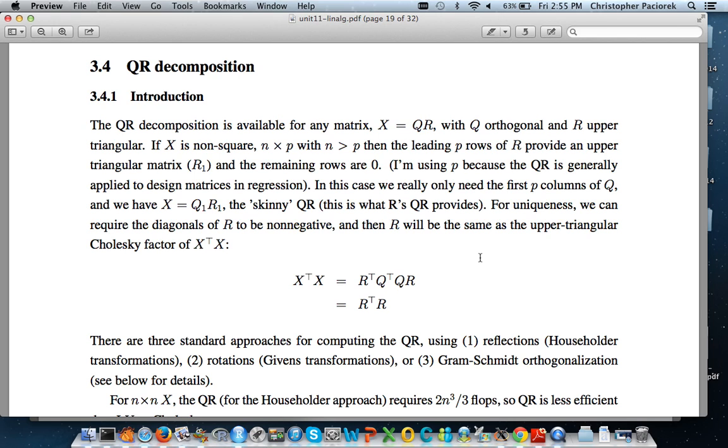I'm going to call this P because usually we're thinking about a regression design matrix, a matrix of predictors or covariates, and often people use P to mean the number of predictors. So we can decompose that into a Q matrix that is n by n, and an R matrix that is n by P.